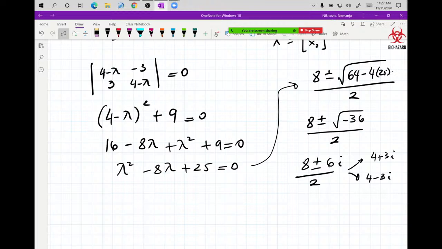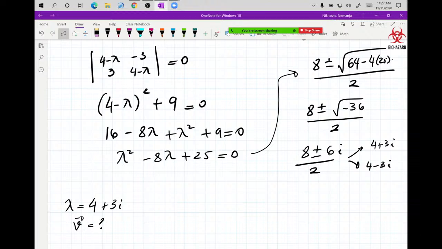So let's go. When lambda is given as 4 plus 3i, we are looking for an eigenvector, whatever that vector turns out to be. It can turn out complex, it could turn out real. Now we'll see. So, remember what we have: 4 minus lambda. Now I have to put that lambda in parentheses because of the signs.